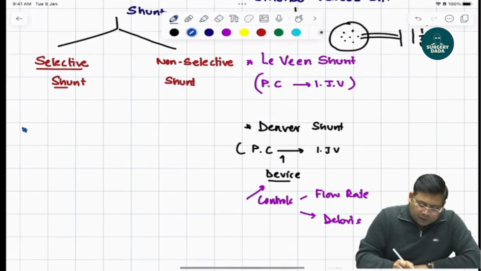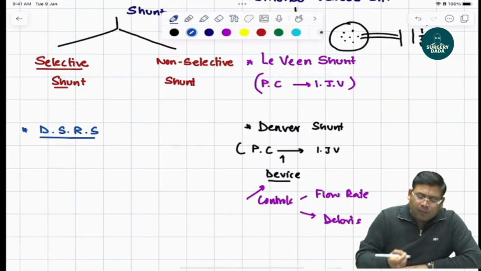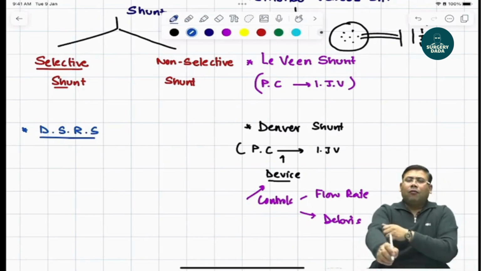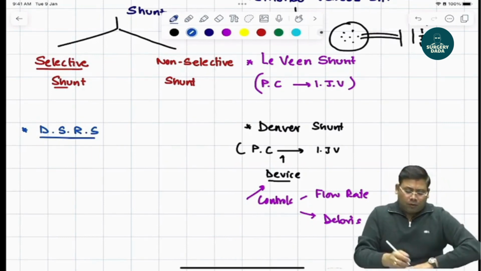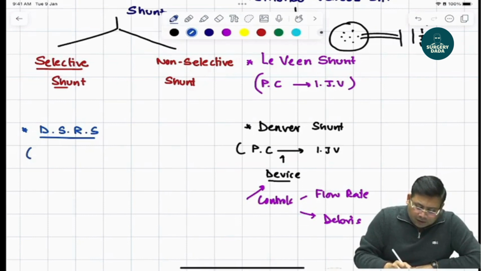When we talk about selective shunts, we have distal splenorenal shunt. So when we talk about distal splenorenal shunt, what are the important things about this? Students, this is the splenic vein into the left renal vein. This is what is very important.